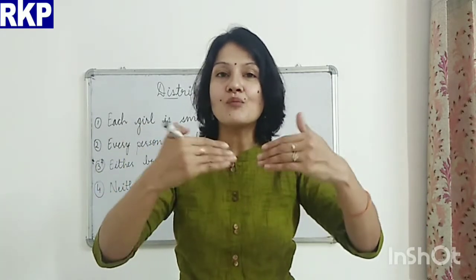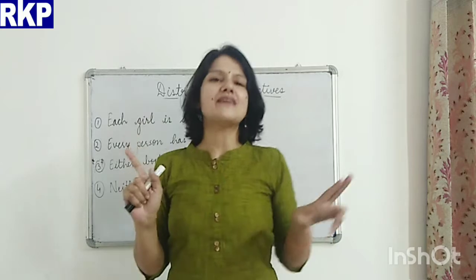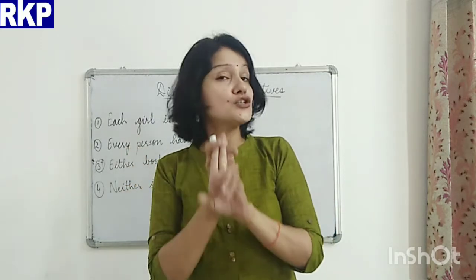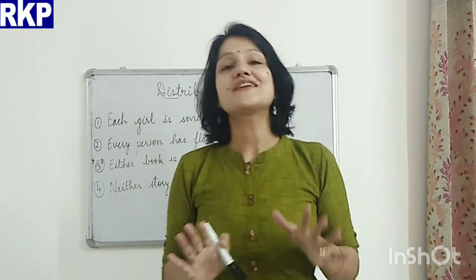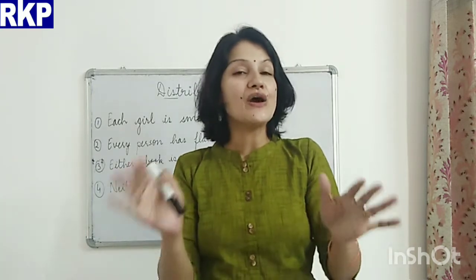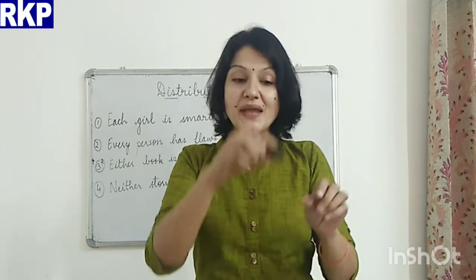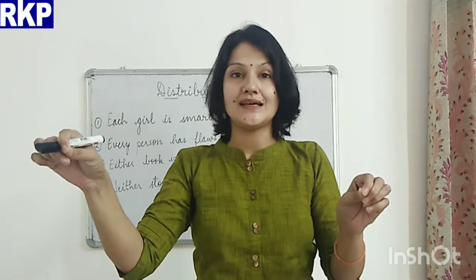Basically, when there are more than two, at least two things or persons should be there, right? At least two. So distributive adjectives are used when we are addressing a group or a gathering, but we are talking about them individually, right?